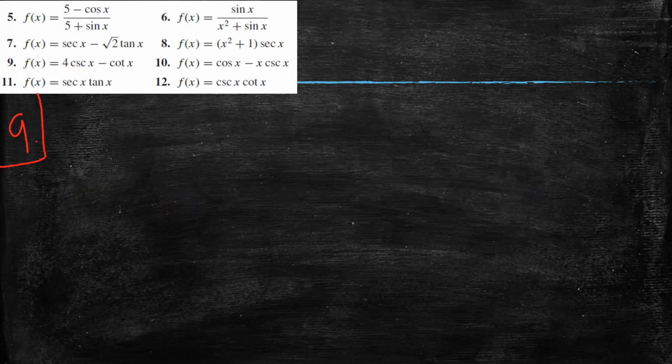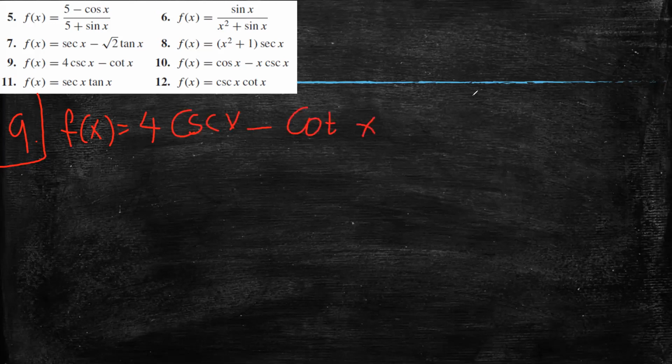Okay? I will write the question here for you and I want you to solve it on the screen. Number 9. F of x is 4 cosecant x minus cotan x. Write on the screen, please. Tell us how we can find f prime of x.